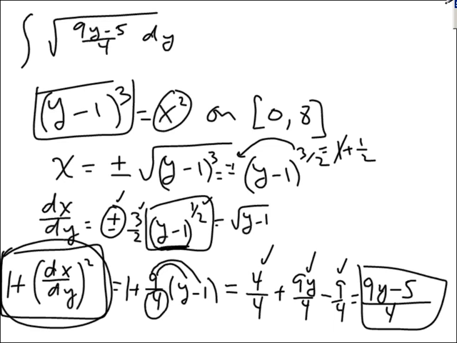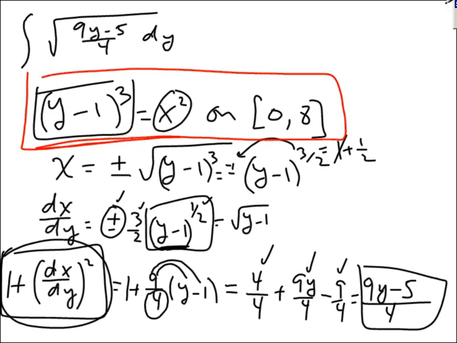Initially, this was the beginning problem. Given this function, find the arc length on [0, 8]. These are understood to be x values. We're integrating with respect to y, so I need to go and find the y values.